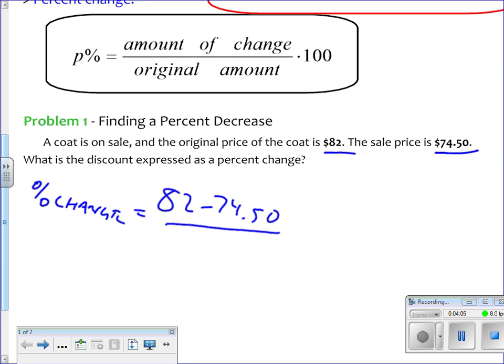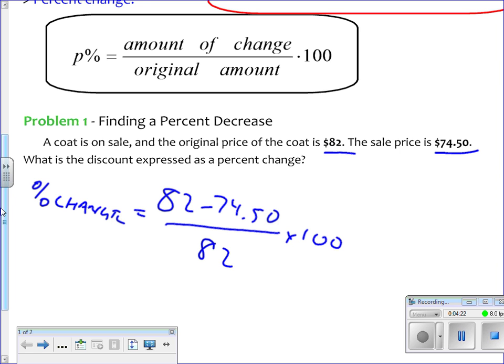If it's a decrease, the original will be larger. If it's an increase, the original will be smaller. In this case, my original is the $82 for the original price of the coat. And then you're going to take that times 100.